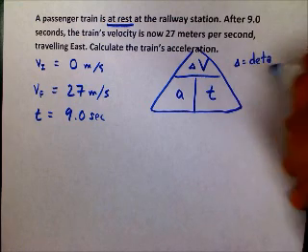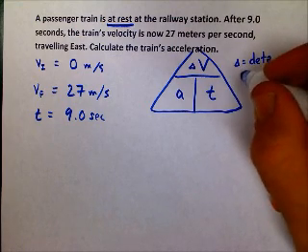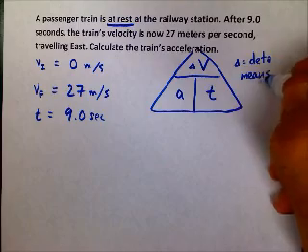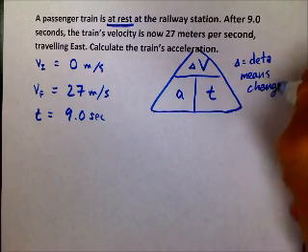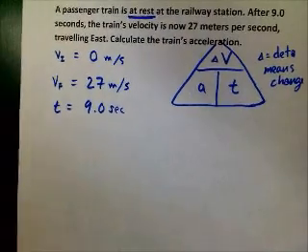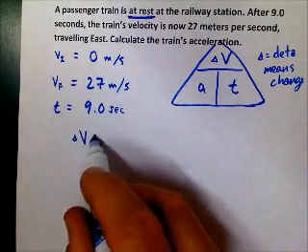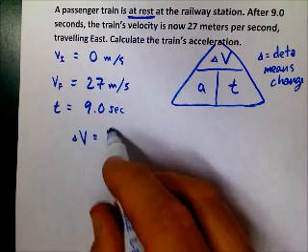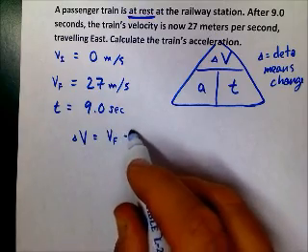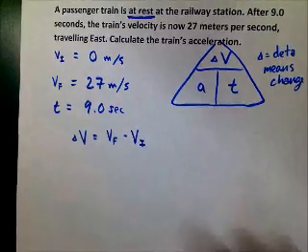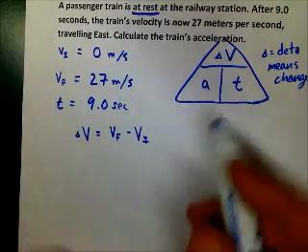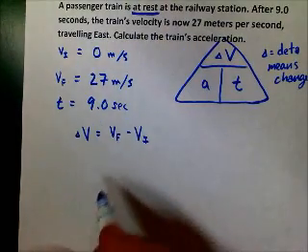And delta means change. So to calculate the change in velocity, we have to subtract the initial velocity from the final velocity. So we're going to have VF minus VI. So this is before we even start using the triangle. We have to find out what that change in velocity is.